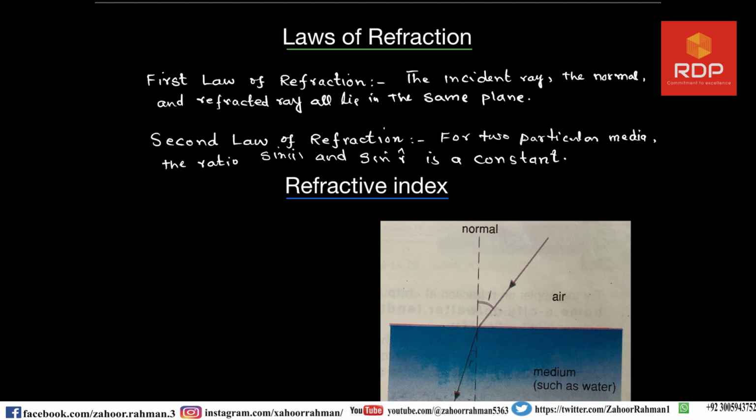Ladies and gentlemen, very simply I can say that refractive index is the ability of a medium, how much it can bend light towards the normal.